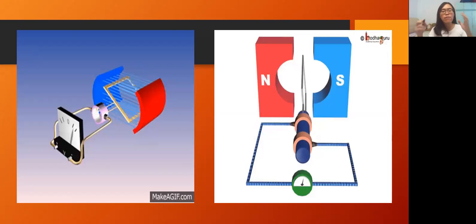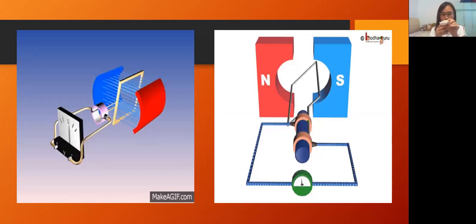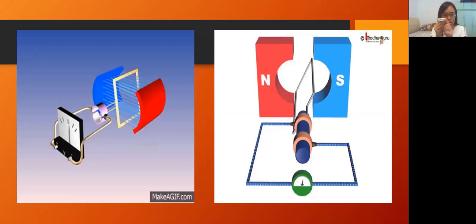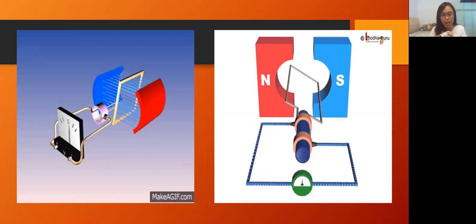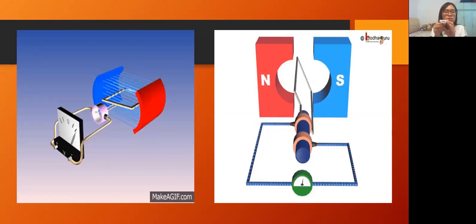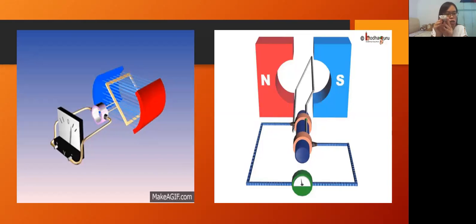Here the coil is in horizontal, and here it is in vertical. Look at this animation clearly. Can you tell me, when the coil is in horizontal or in vertical, does it induce current? Horizontal.